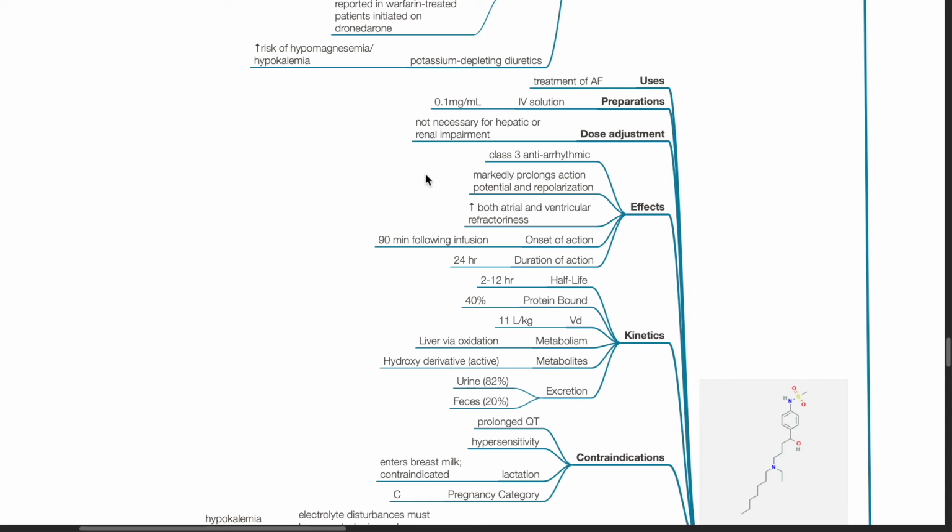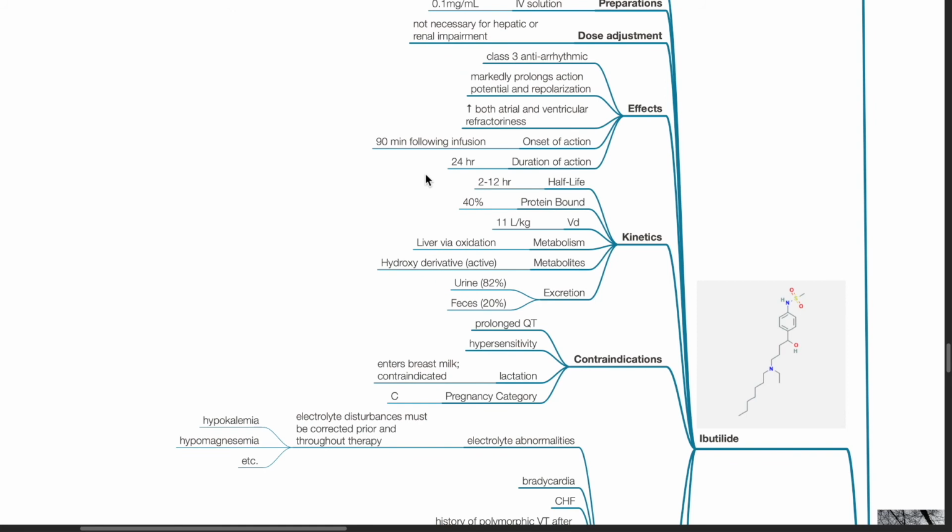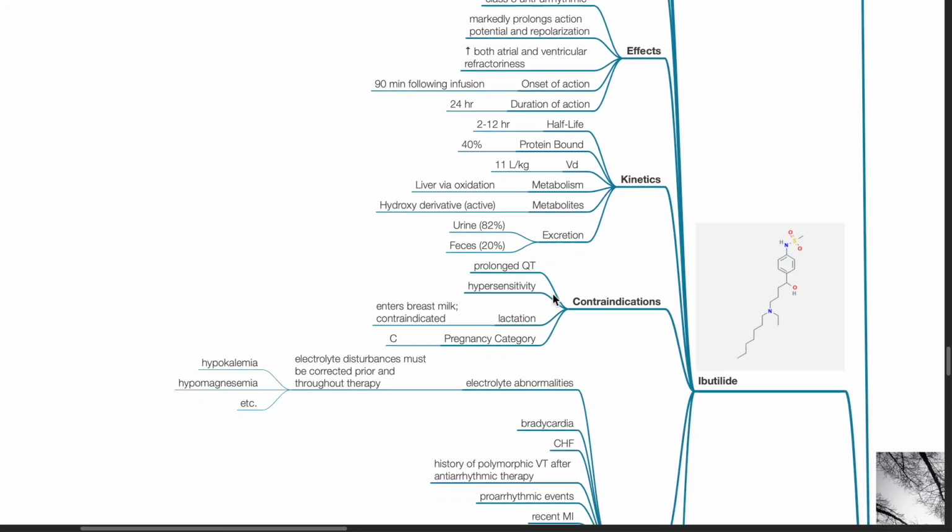Onset of action is 90 minutes following infusion and duration of action is 24 hours. Half-life is 2 to 12 hours, protein bound 40%, volume of distribution 11 liters per kg, metabolism is in the liver, the hydroxy derivative is active, excretion is 82% in the urine and 20% in the feces.